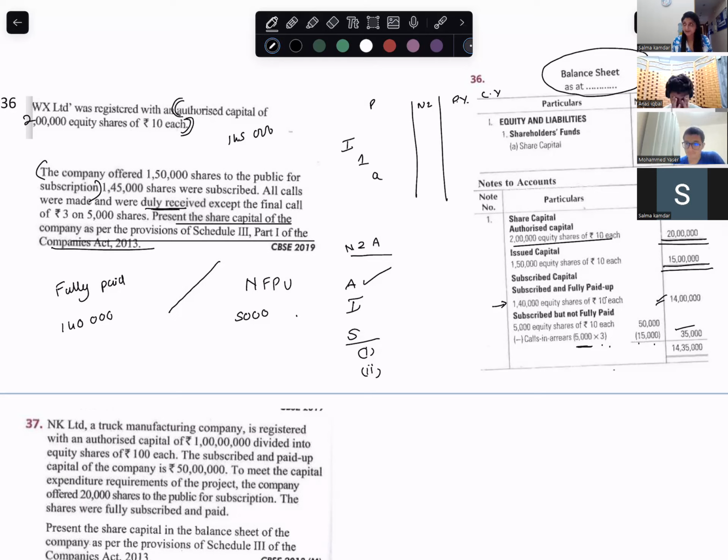There is an alternative presentation for this also, which will still be giving marks. You can write 1,45,000 equity shares of 10 each. So this becomes 14,50,000.